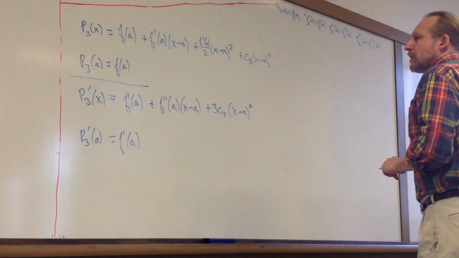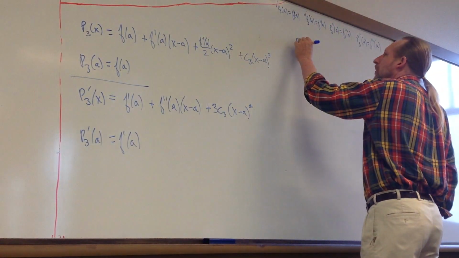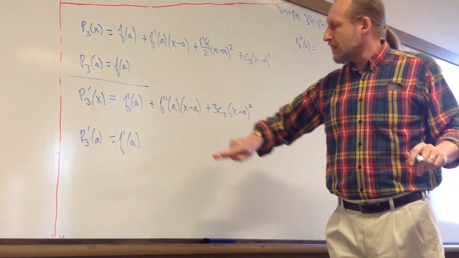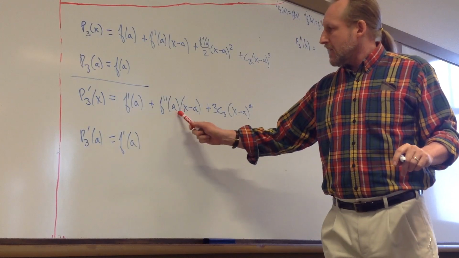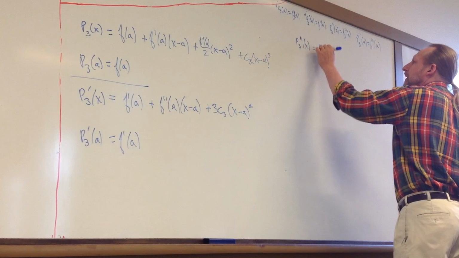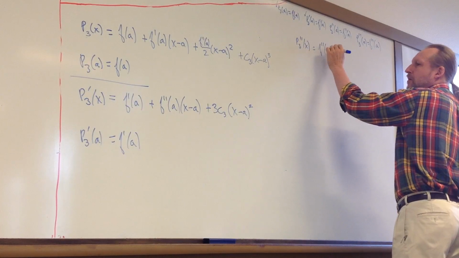Now what? p3 double prime. So this is a constant right here. Its derivative will be 0. Here, the coefficient of the x will be our derivative, f double prime at a.